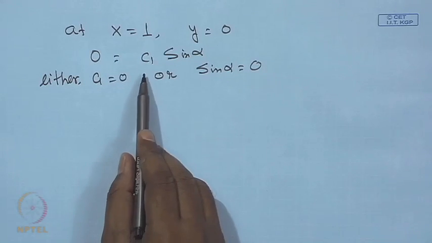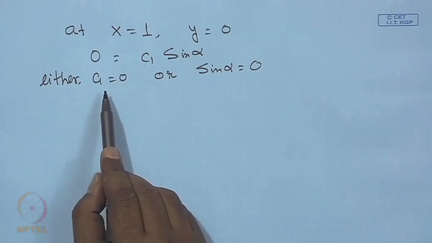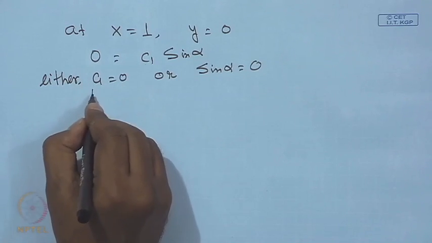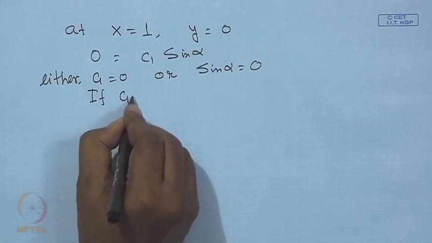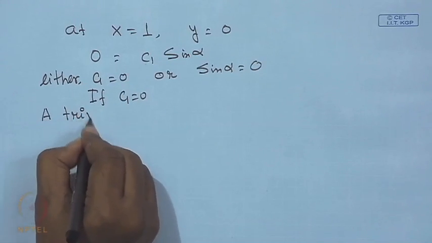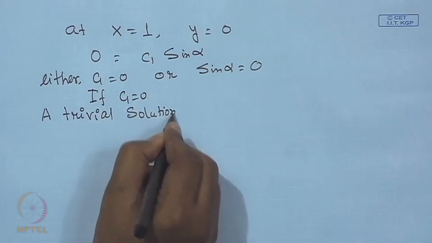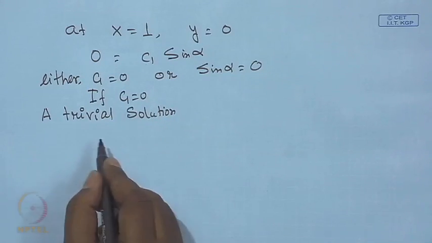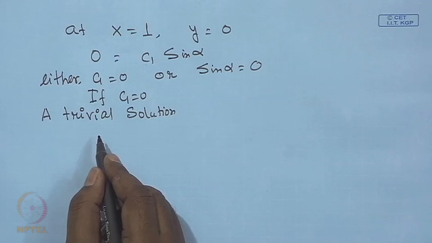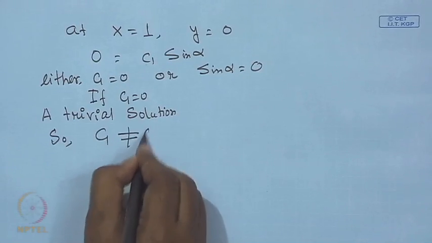If c 1 is equal to 0, then again we land up with a trivial solution. So, that is ruled out. We are not looking for a trivial solution, we are looking for a non-trivial solution. Therefore, c 1 cannot be equal to 0.